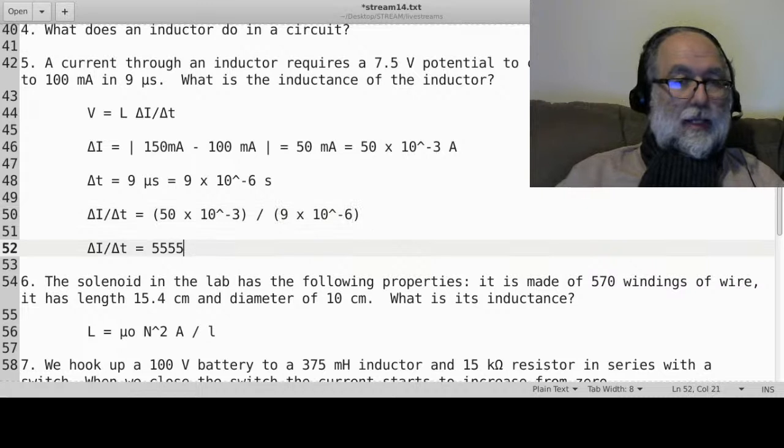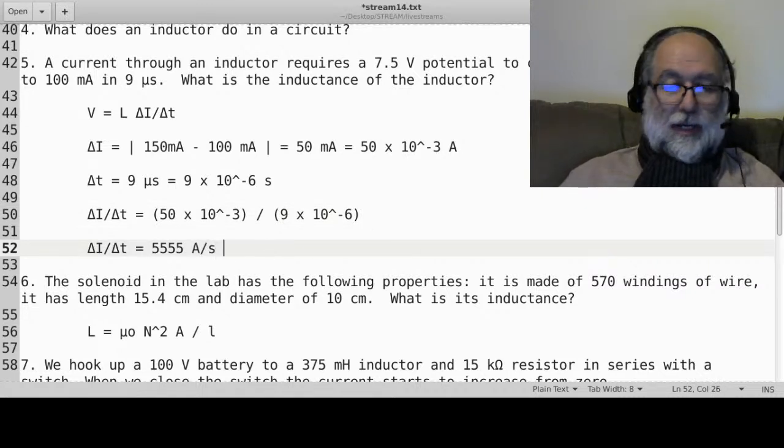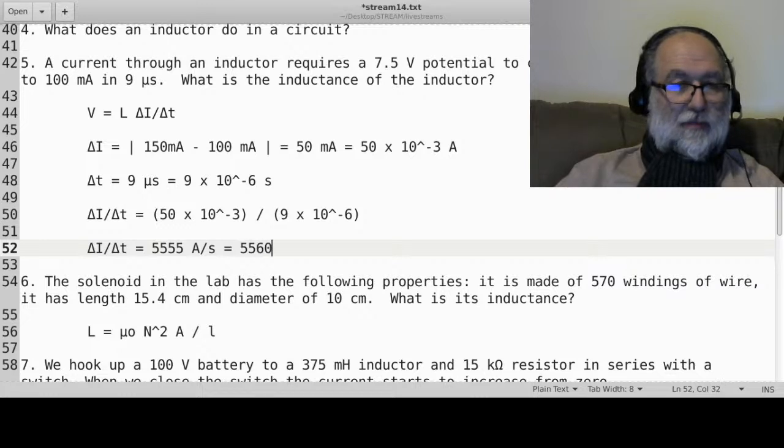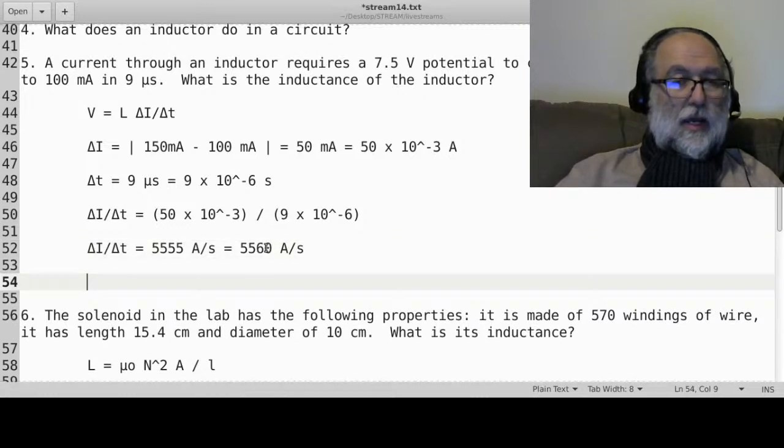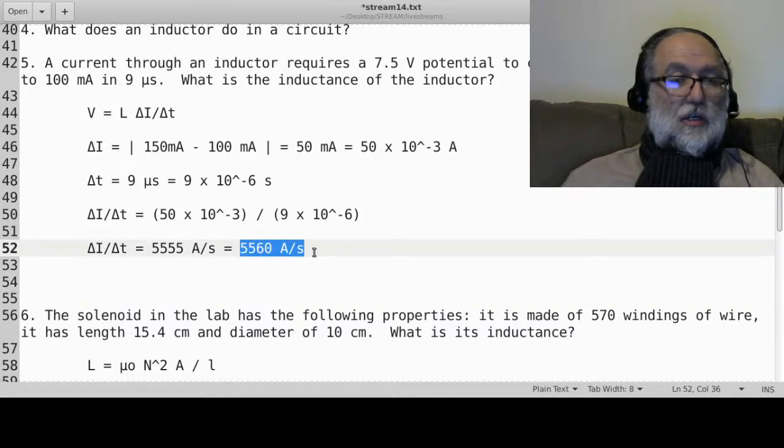Okay, and that's amps per second. We should probably round that off to 3 significant figures, so it'll be 5560 amps per second. Okay, so that's the rate of change.